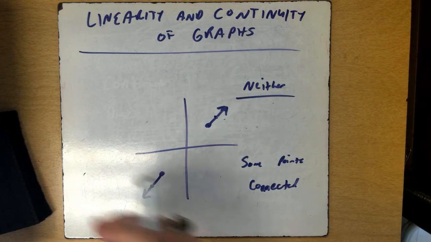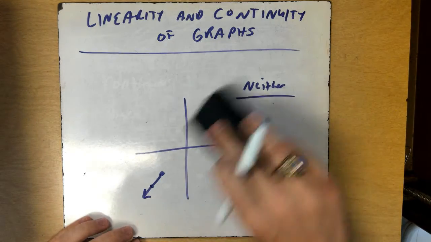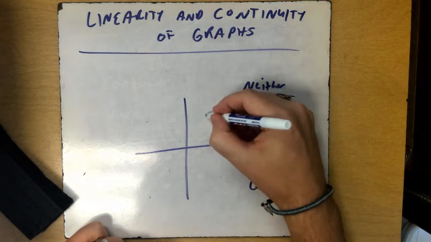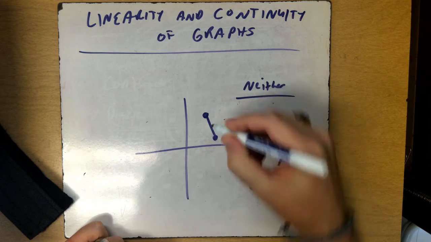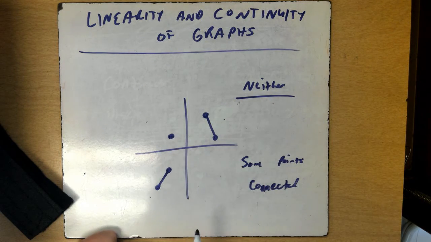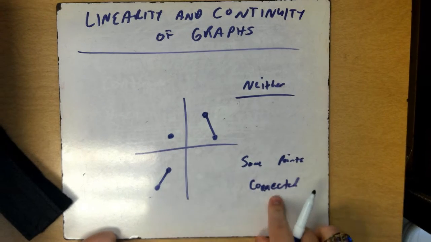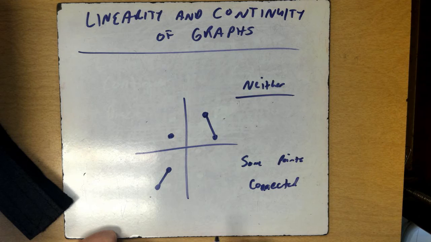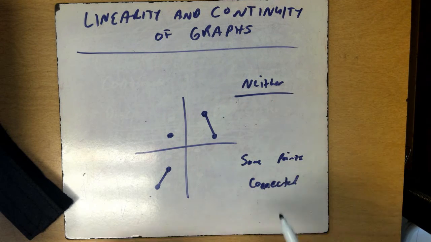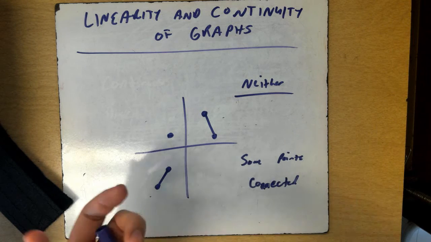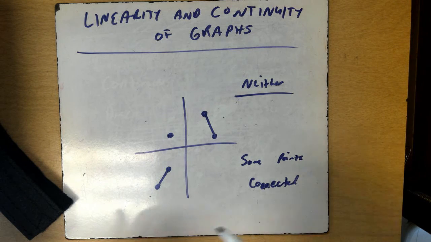Another way you can see neither would be something like this, where you have a line here, and maybe a line here, and maybe a point over here. Same thing, some points are connected. You have some connected lines here, but this point is kind of hanging out over here. Neither. So it's neither continuous nor discrete specifically. It's kind of a mix of both, okay?